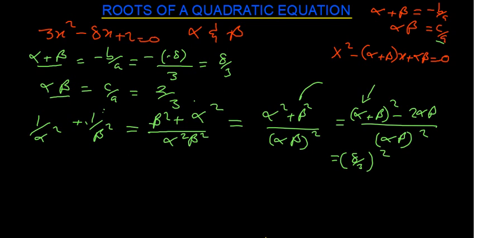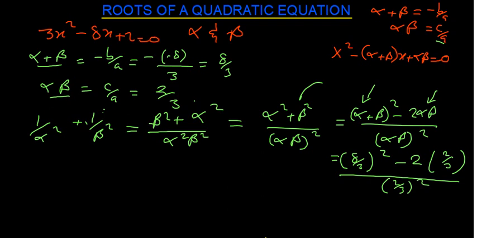Then we are subtracting 2 times alpha times beta, which we found was 2 over 3. And then dividing by alpha times beta, which is 2 over 3 squared.